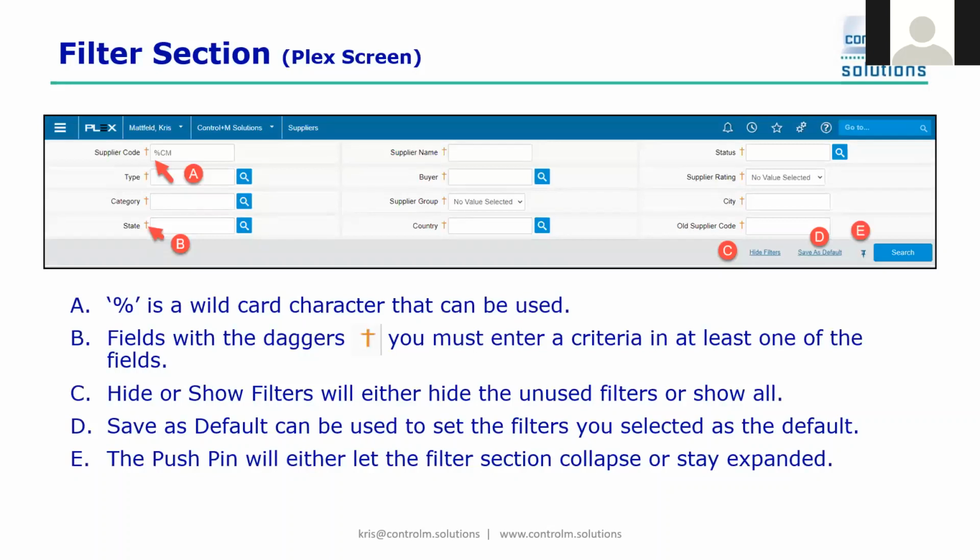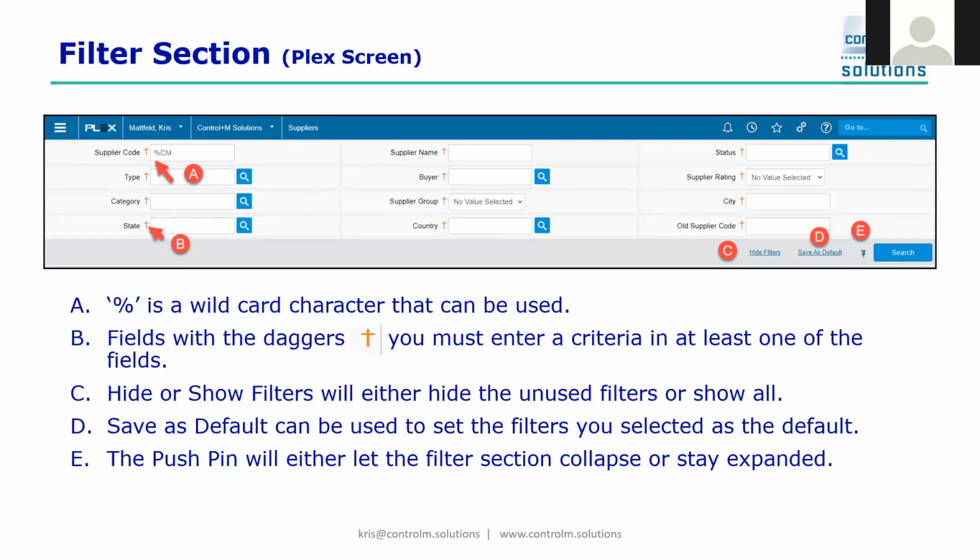So in the filtering section, you can still use the wildcards, which is the percent sign. In this case, I've got in the supplier code, I've got %CM, so bring me everything back for that supplier code that has a CM in it. And you also see in the fields that there are daggers beside several of the fields. In this particular screen, there's a dagger beside every field.